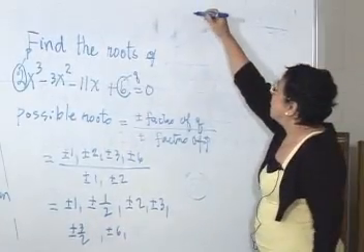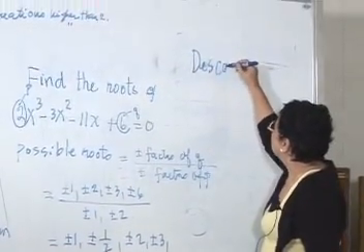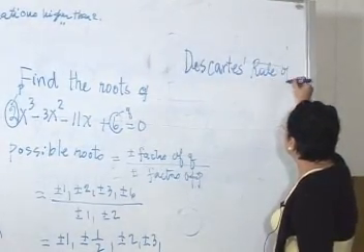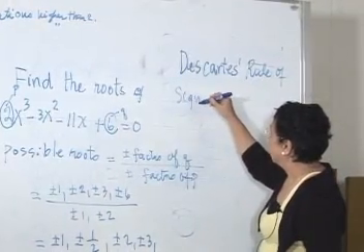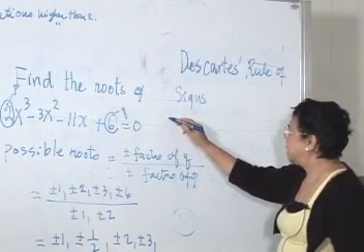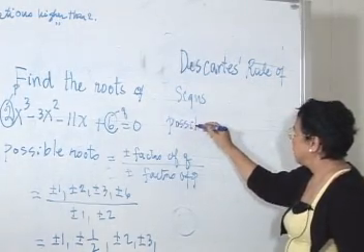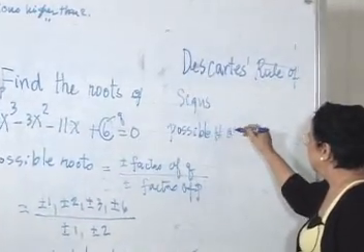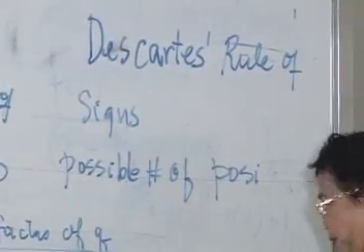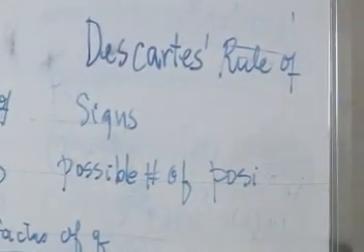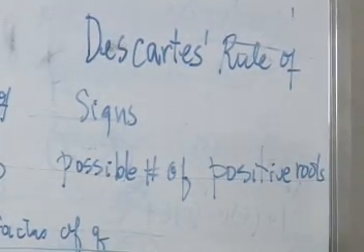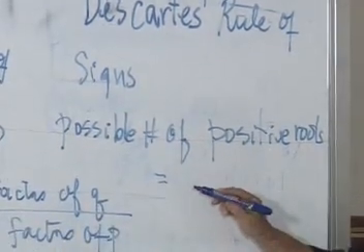But Descartes' rule of signs says that the possible number of positive roots is equal to the number of variations in signs.